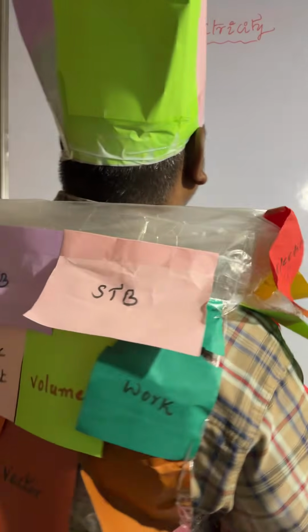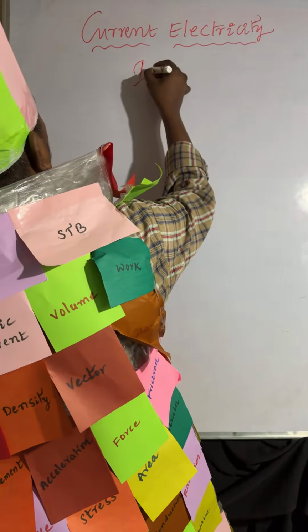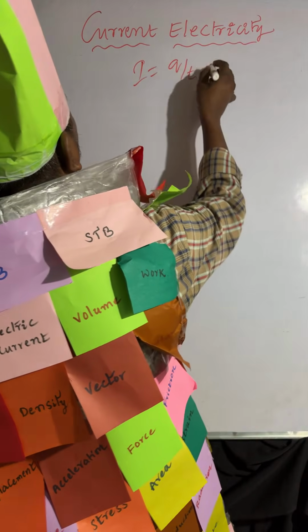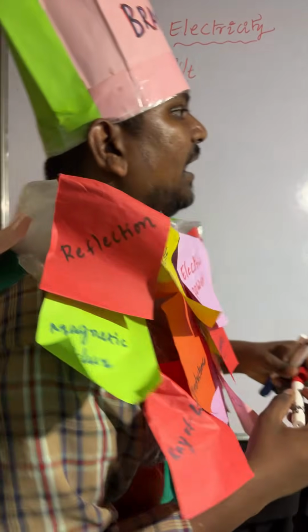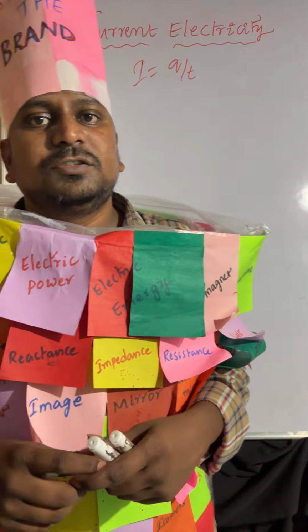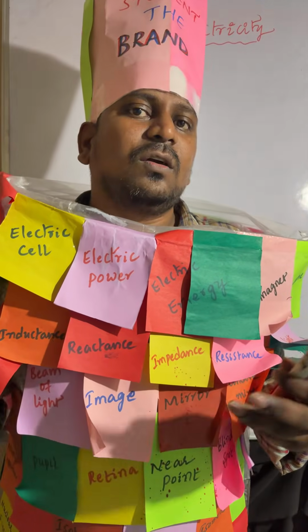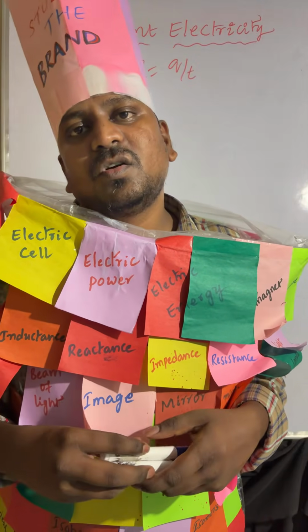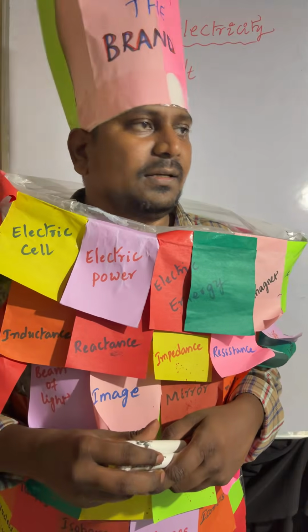Now, I equal to Q by T. The rate of flow of net charge through a cross-sectional area is called electric current.